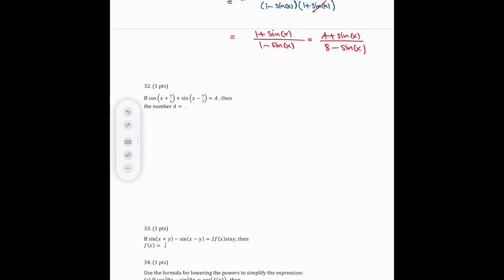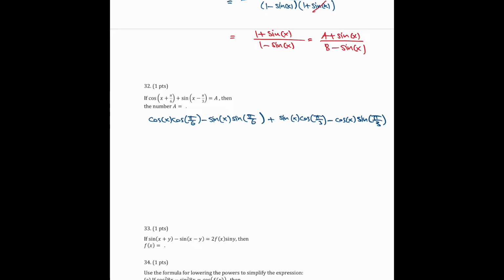So cosine of (x plus pi over 6) is cosine x cosine pi over 6 minus sine x sine pi over 6, and then plus sine of (x minus pi over 3) is sine x cosine pi over 3 minus cosine x sine pi over 3.